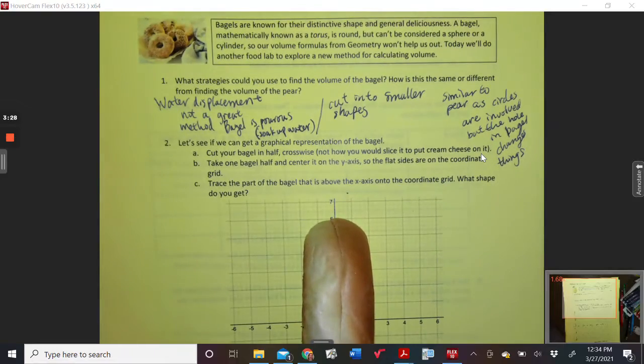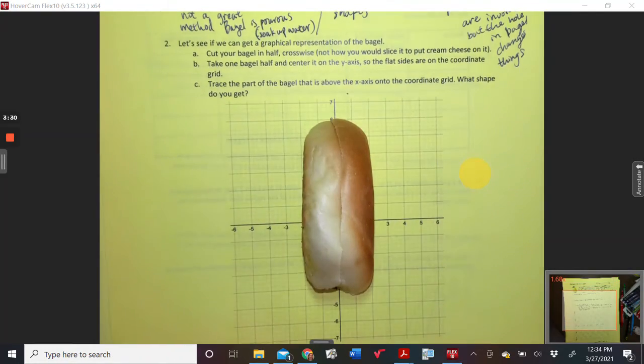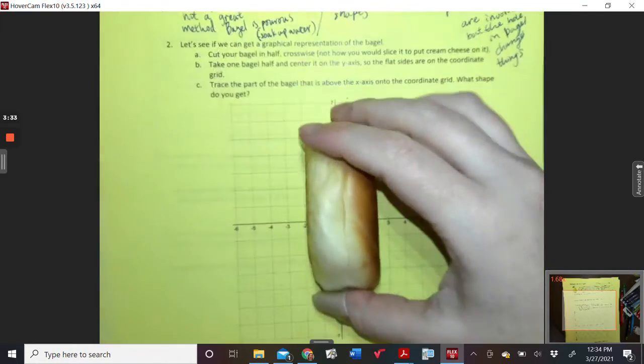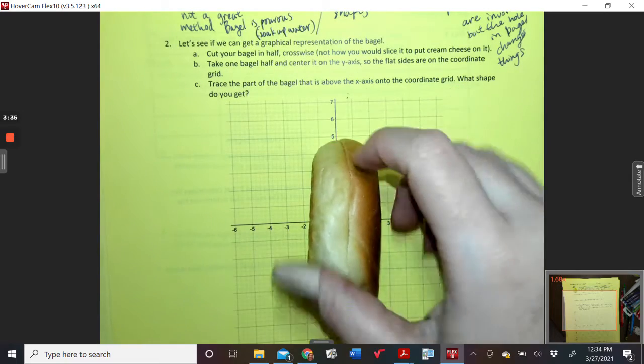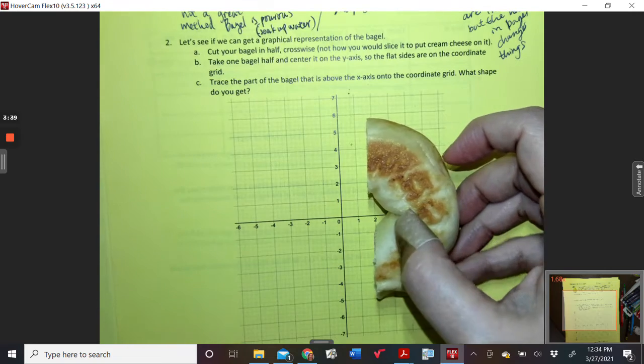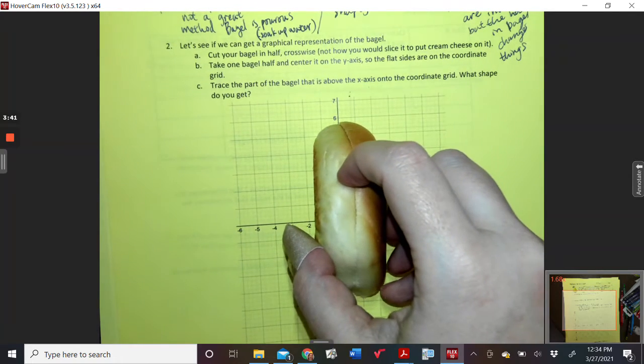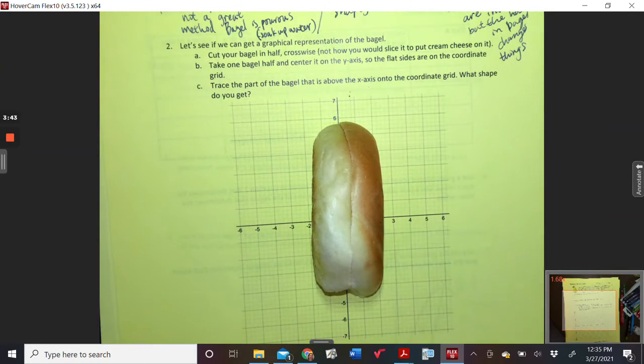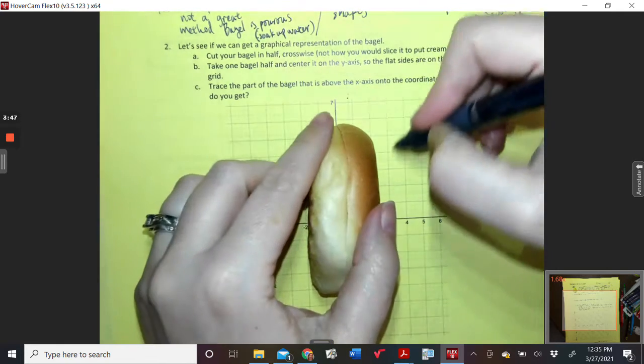So let me move this up. We want to center it, as you can see. Okay. Trace the part of the bagel that is above the x-axis onto the coordinate grid.